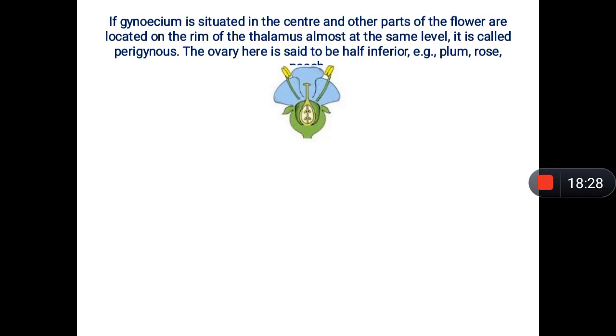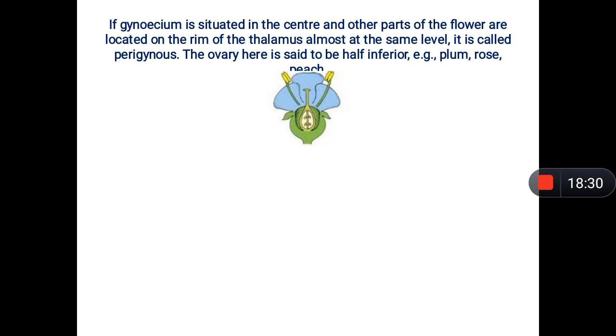Next, if the gynoecium is situated in the center and other parts of the flower are located on the rim of the thalamus, almost at the same level, it is called perigynous.